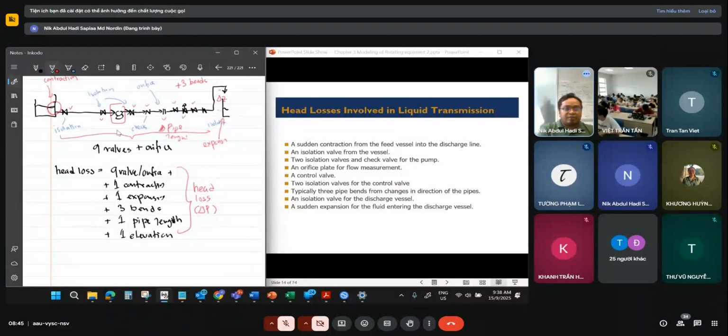Which means we need to supply our work to overcome this head loss.